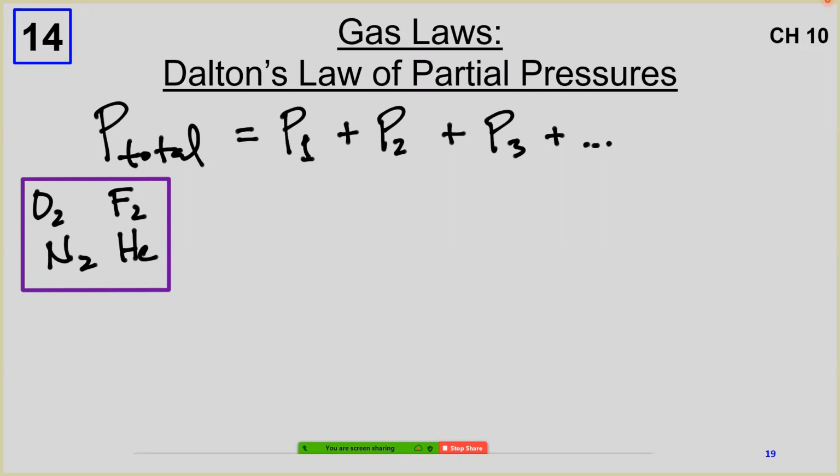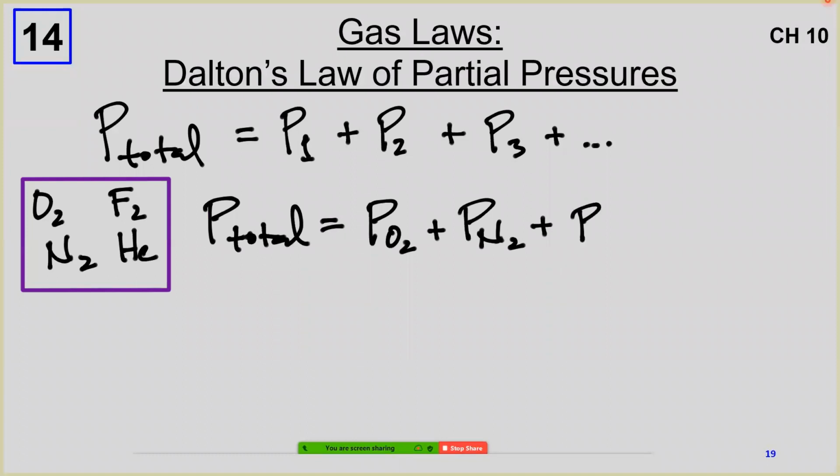Okay, you can calculate the total pressure by simply adding them all up. The pressure of the oxygen gas plus the pressure of the nitrogen gas plus P helium plus pressure of fluorine gas, F2. Okay, so it's as simple as that. You're just adding them all up.